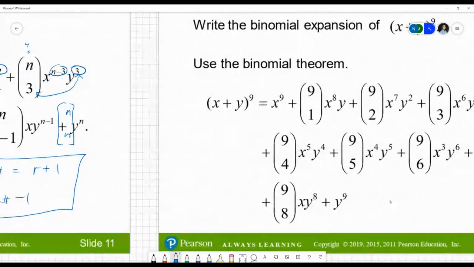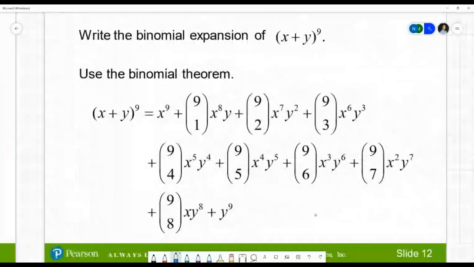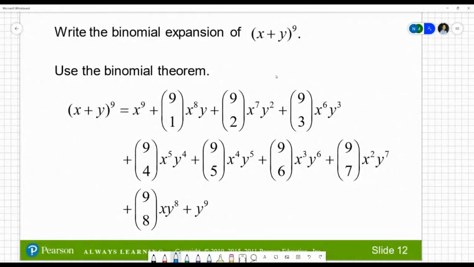Okay, so let's look here. All right, we're going to use the theorem in order to expand this. Now instead of doing all this here, I'm going to ask for one specific term. So let's see, 1, 2, 3, 4, 5, 6, 7, 8, 9, 10.